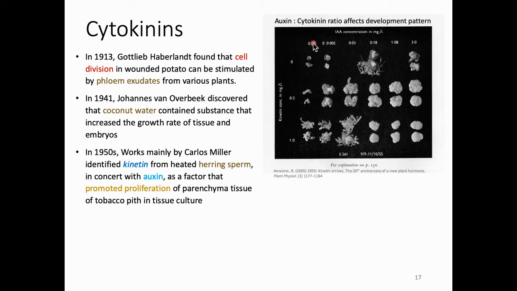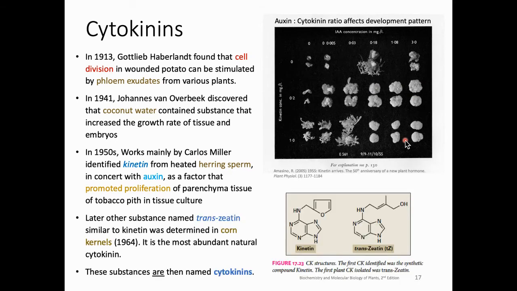Similarly, if you keep auxin at zero concentration and keep increasing kinetin, you will get more shoots from the plants. And if you give both at a certain ratio, you will get very big cells but still not decided whether to be a shoot or a root, for example.